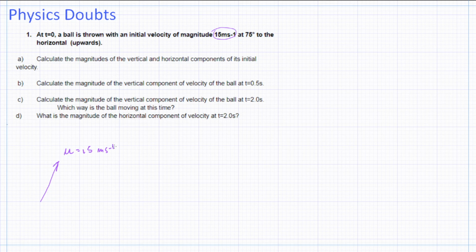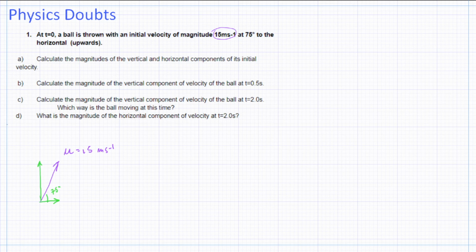Good. So we can decompose this into two components. So let's decompose this into a horizontal velocity and a vertical velocity. Now we know that this angle here is given. It's 75 degrees.